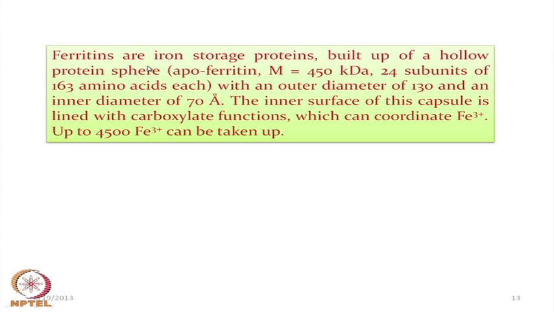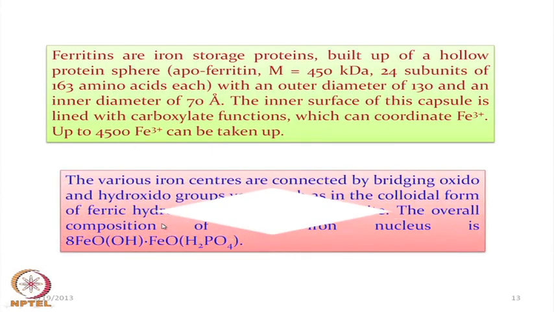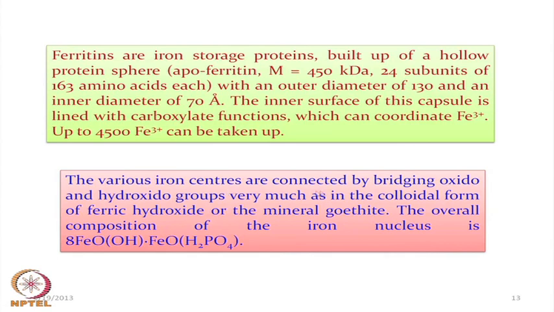This basically gives rise to the development of the storage proteins. The ferritins are the storage molecules where we have iron storage, and it is a very hollow protein-type structure. The protein sphere forms with the apoferritin molecule, with an outer diameter of 130 to 70 angstrom, and it can coordinate a large number of ferric ions, up to 4500 ferric ions. The various iron centers are connected by bridging oxido and hydroxido groups.